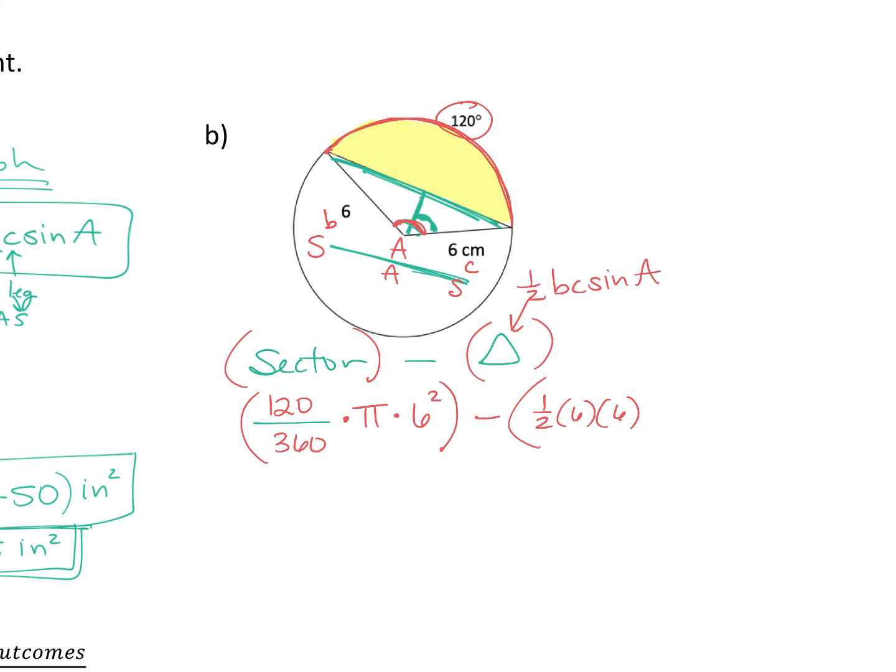Side angle side is B angle C, okay? What is this angle? 120. The angle is the same as the arc. So sine 120 is what you're going to plug in there, okay? At this point, you're done with the problem. Now it's just, can you do the algebra to get there, okay?